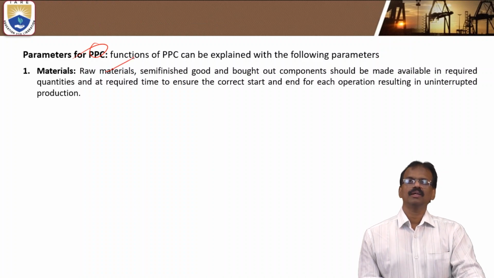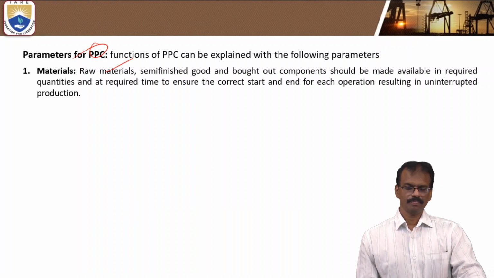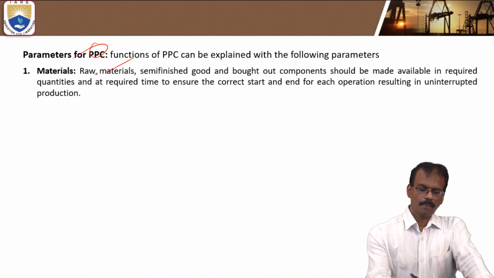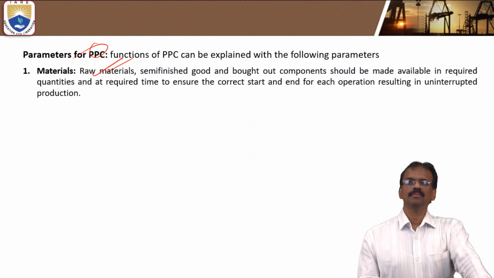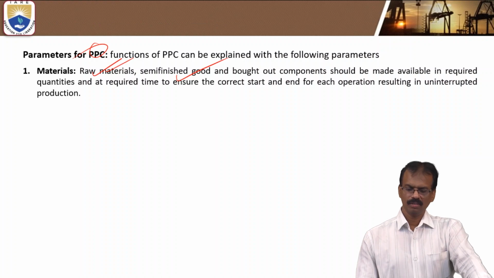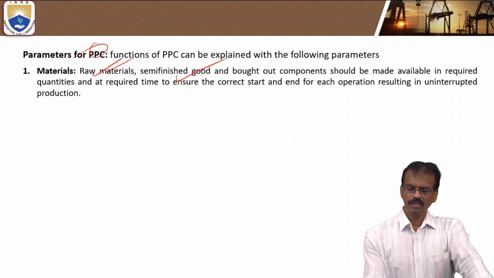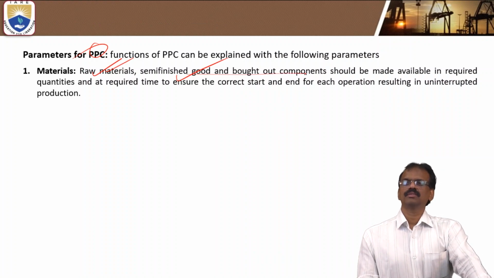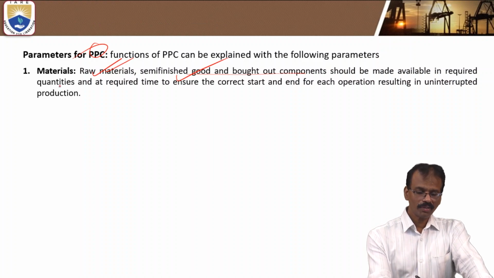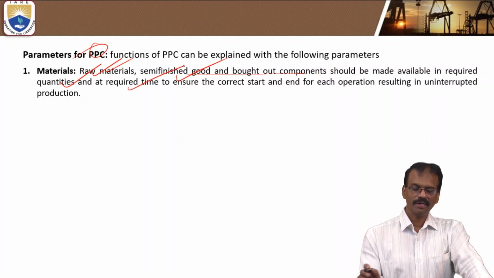Okay, so the availability and providing of raw material, semi-finished goods and bought-out components is important. These should be made available in the required quantities at the required time.